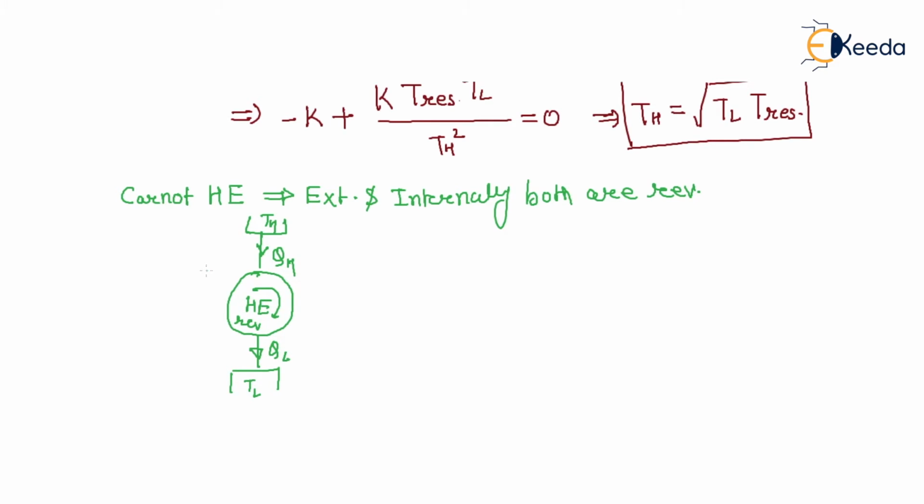If this temperature is TH minus DTH, and this boundary temperature is TL plus DTL, and DTH tends to 0 and DTL tends to 0, then this is both internally and externally a reversible cycle. So this is your reversible cycle.